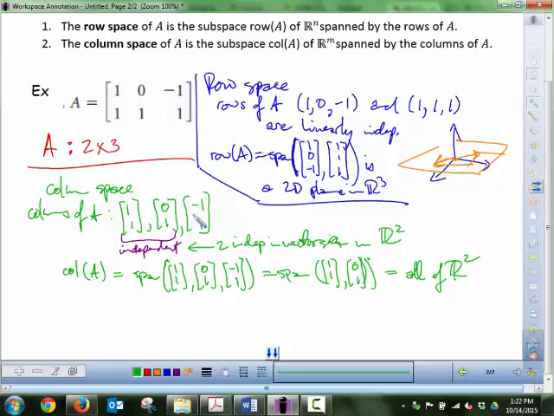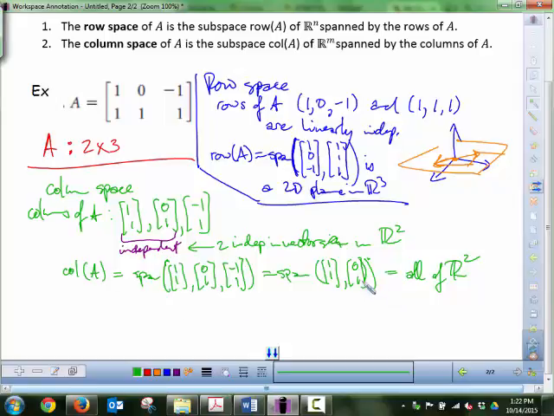Yes, when you say span. Now, the idea of collecting the smallest number of vectors that would span the same thing and making sure that all these vectors are linearly independent comes a little bit later, so we're prepping for that. But the span of this is the same as the span of this.